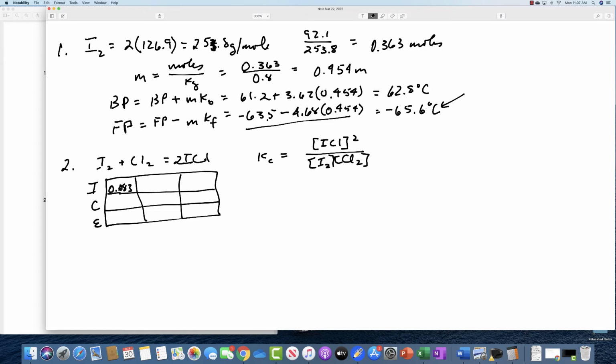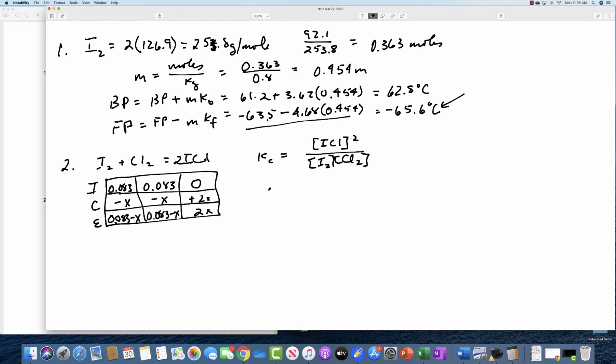we know that I concentration is 0.083. That's 0.083 divided by 10. This is 0.083, and this is 0. The change is minus x, and plus 2x. And then the final is 2x, 0.083 minus x, and 0.083 minus x.